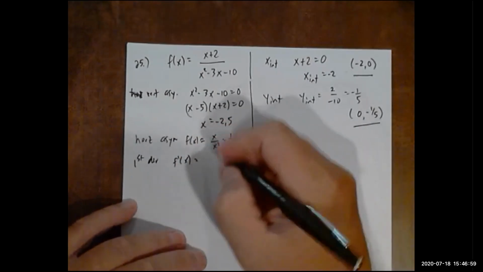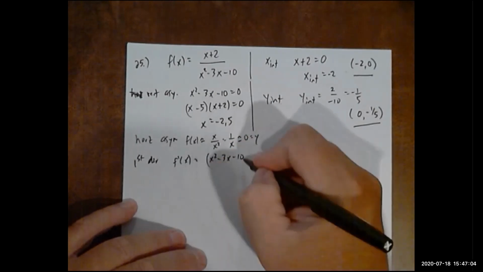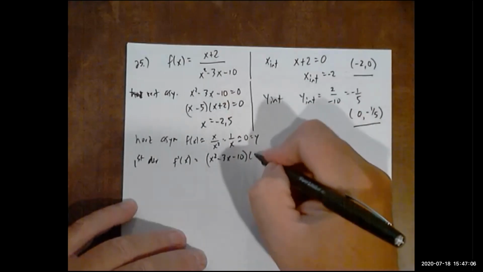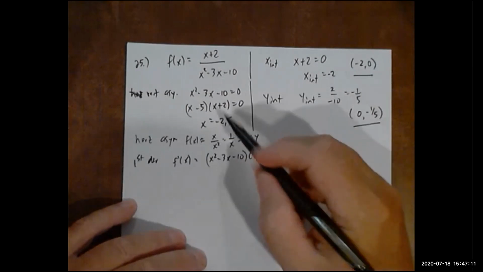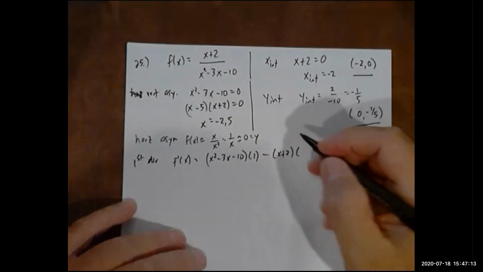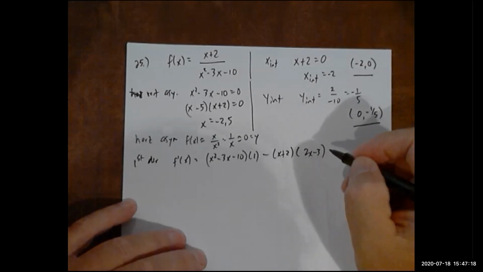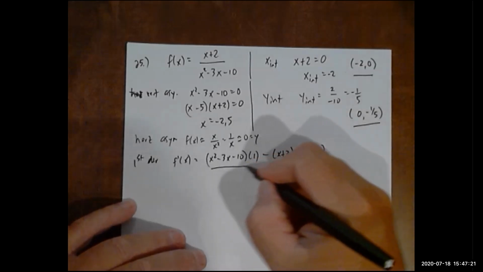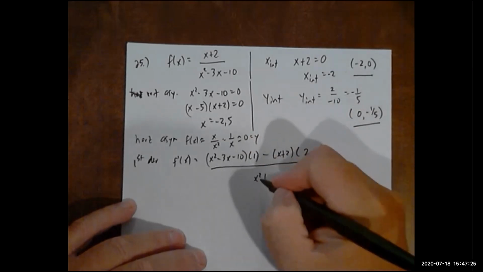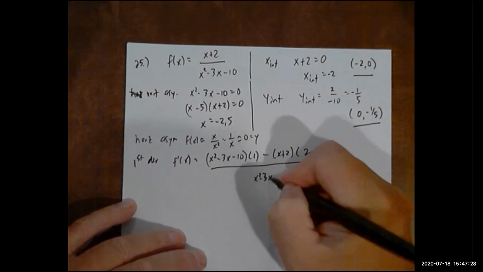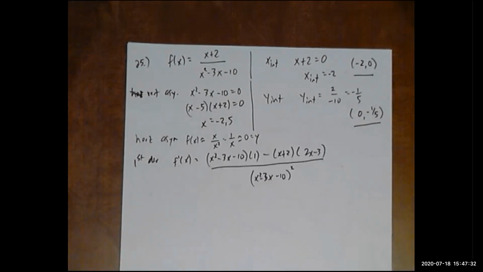So low d high, low is x squared minus 3x minus 10. Derivative of what's on top is just 1 minus high d low. Derivative of the denominator is 2x minus 3, all of that over the denominator squared.